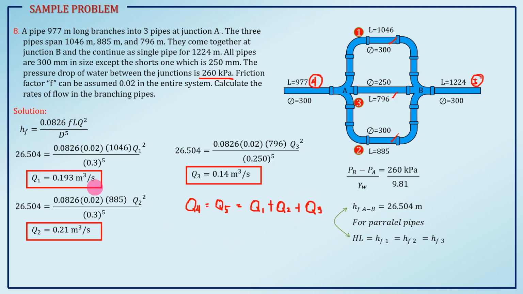So, we just have to add up these Q's to solve for Q4 or Q5, the inlet or inflow and outflow.